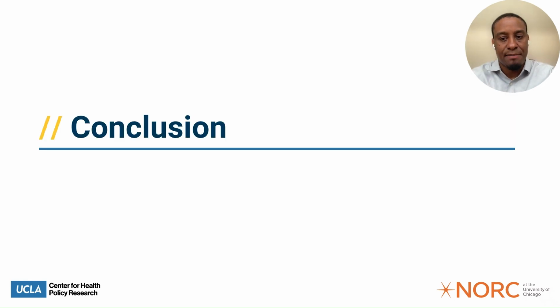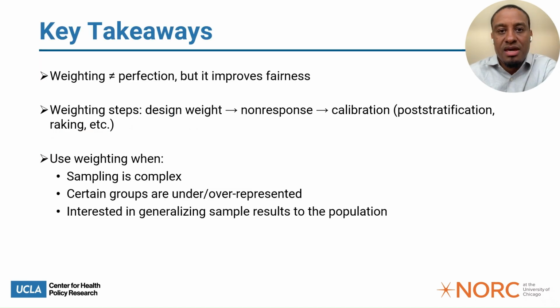Now let us wrap up and summarize what we have discussed so far. Here are some key takeaways from today's session. First, remember that weighting isn't about achieving perfection. It's about improving fairness and reducing bias. It makes our data better. Second, the weighting process generally follows a sequence.